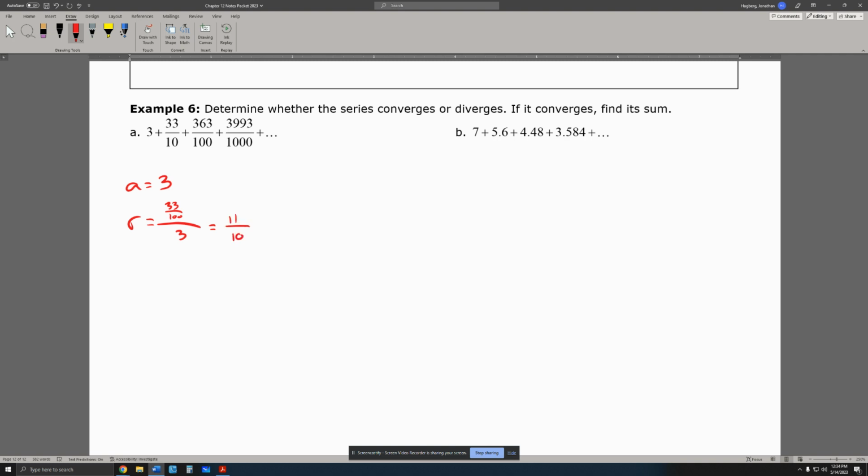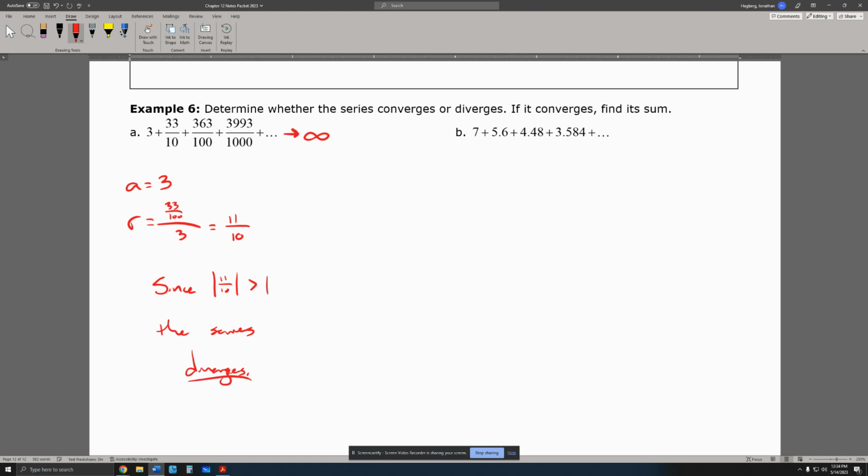Okay? Well, because the absolute value of 11/10 is greater than 1, the series diverges. Okay? So that means that this series approaches infinity.